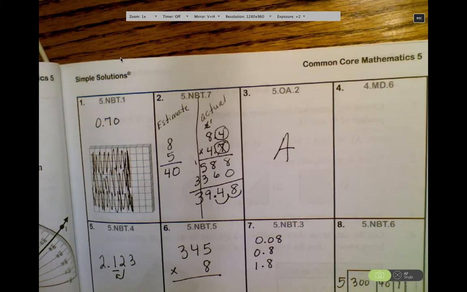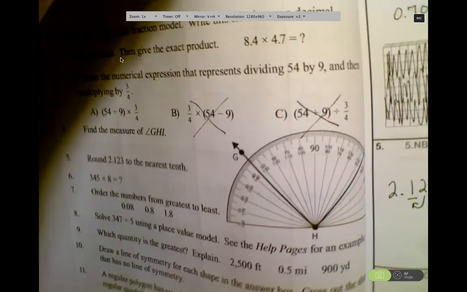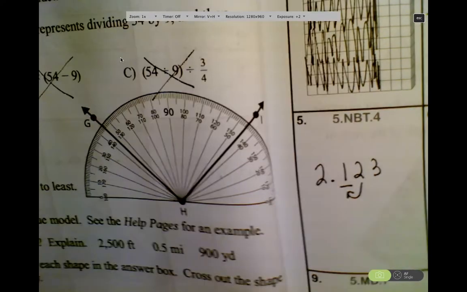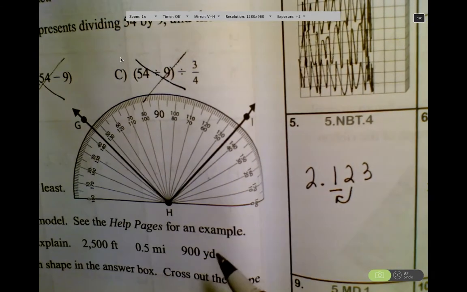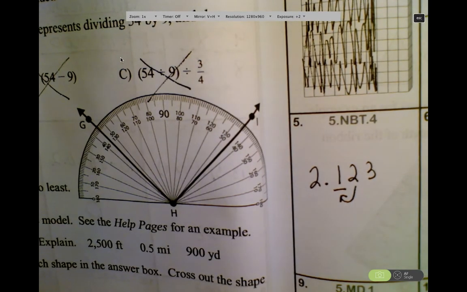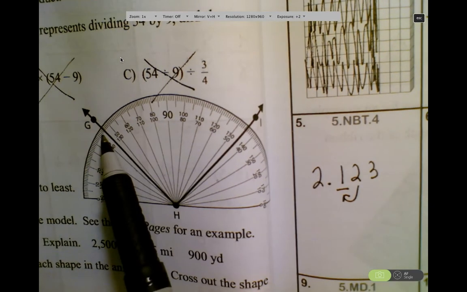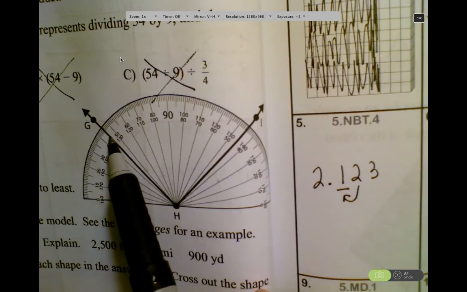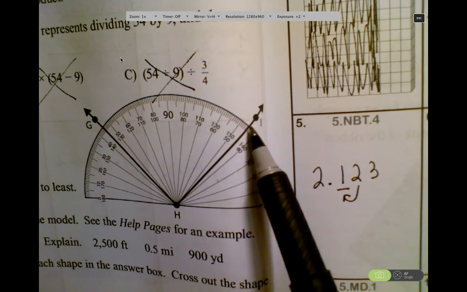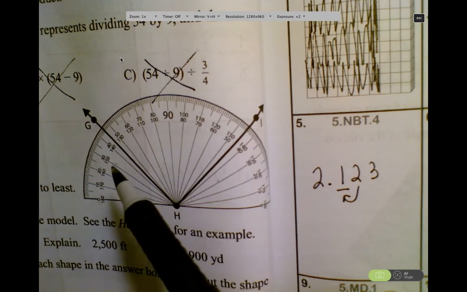4. I need to find the measure of GHI. All right. I don't need a protractor because there already is one. What I do have to do is count by fives because I noticed that this is on 45 and this is on 135. So I have to count by fives.